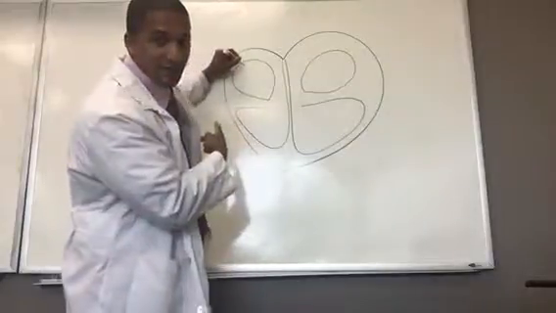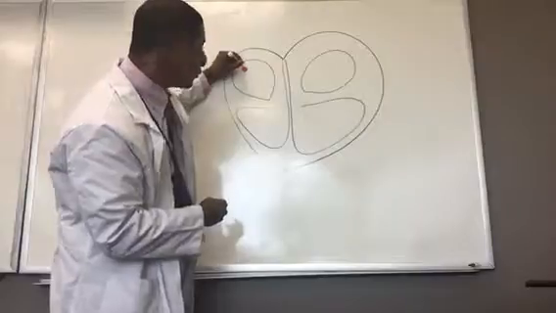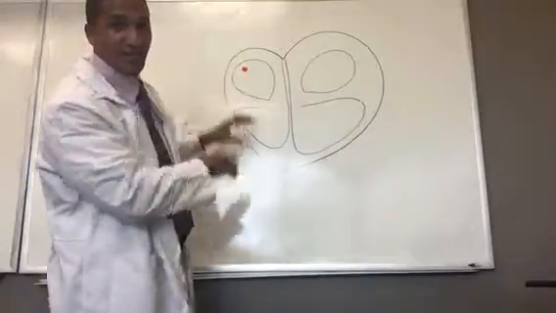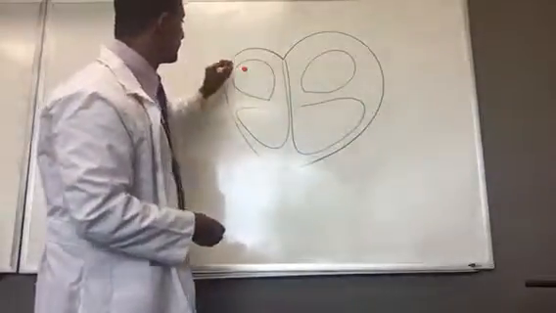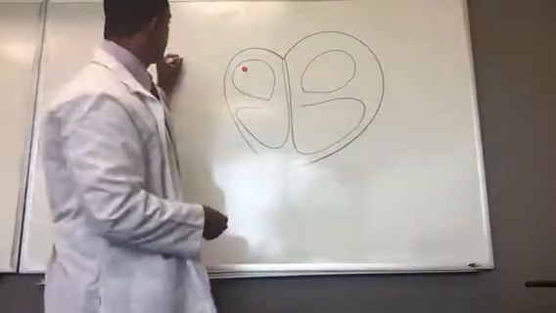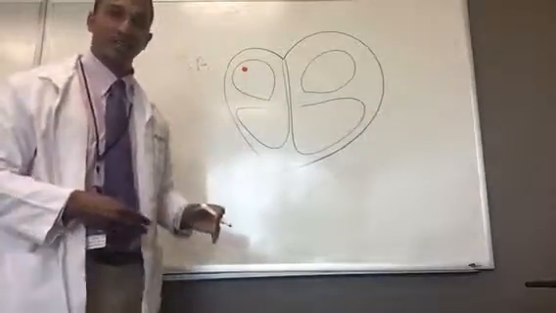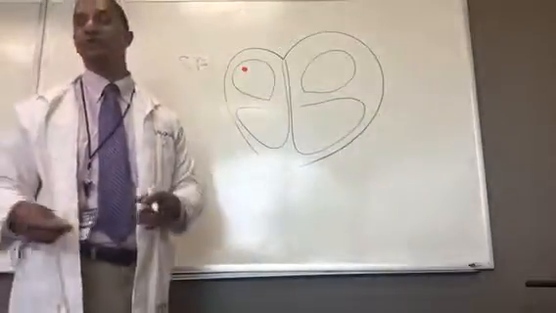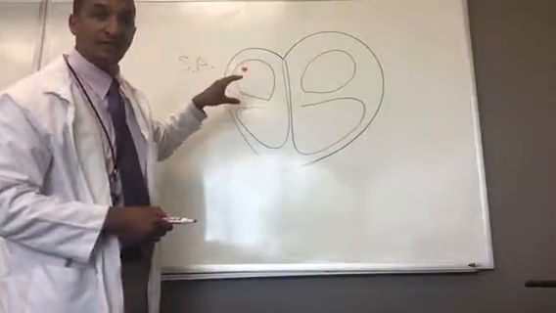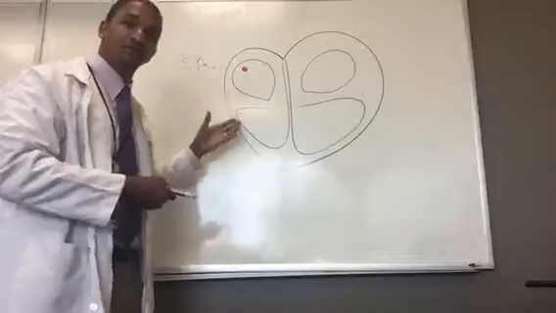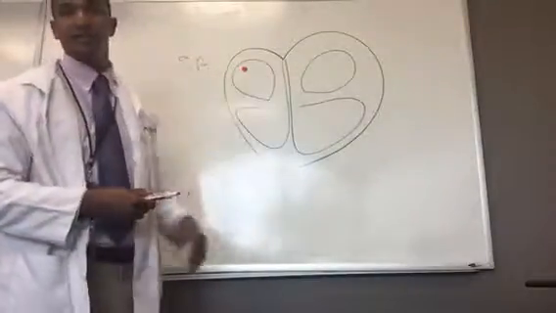So the reason why I say that is because there is a node that exists exactly right there, and we call it the SA node, and we'll put it here, the SA node, and that stands for sinoatrial node. Sino because it's in the sinus, it's directly over the opening of the inferior and superior vena cava, and atrial because it's in the atrium, right?